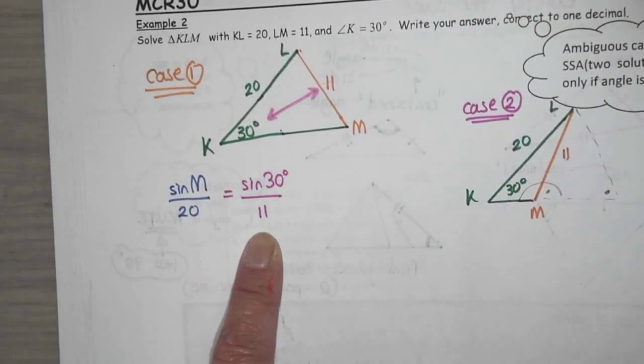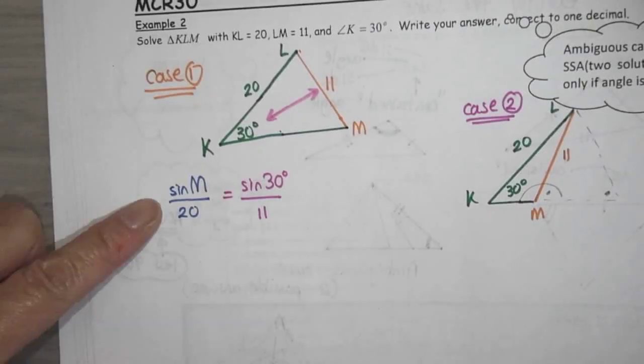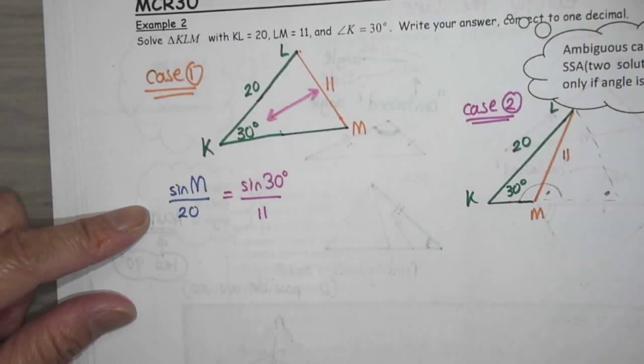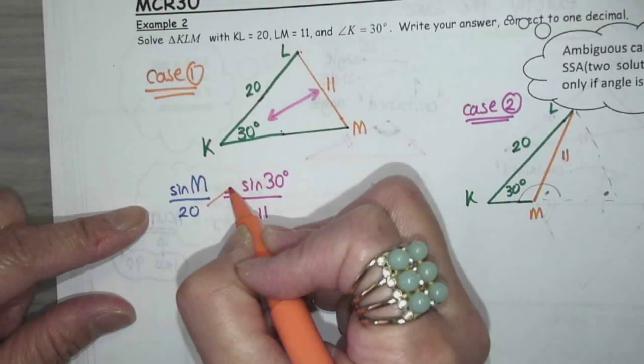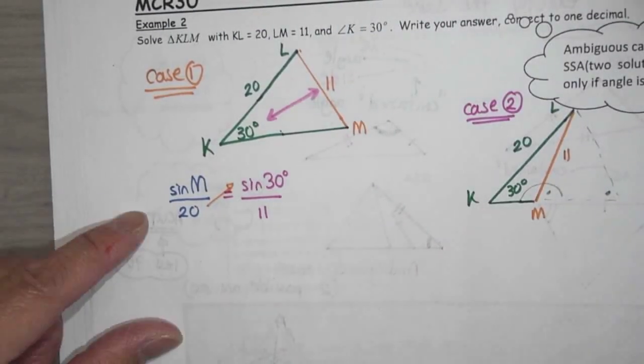Okay, and see how they're both upside down, right? Feels upside down. So then when I need to solve, all I need to do is bring over the 20, and then I'm going to inverse it. What steps do I need? So hang on, let me show you this.